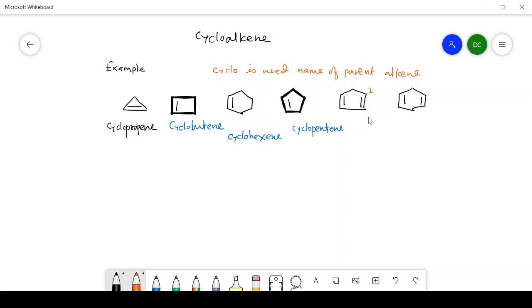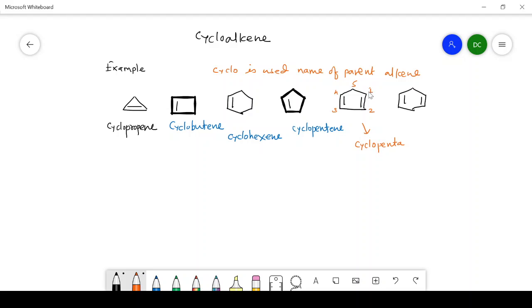It is first, second, third, fourth, fifth. Now, the name of this compound will be, first of all, we write cyclo, then the number of carbon atoms, they are 5, therefore I will write penta.